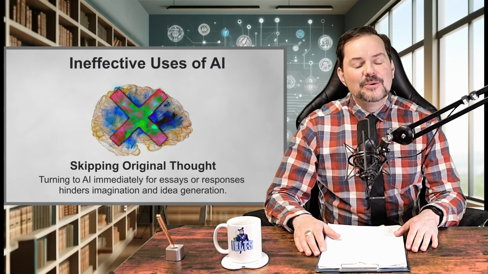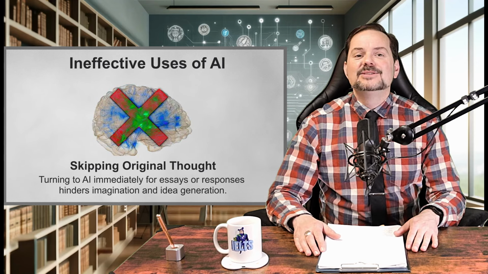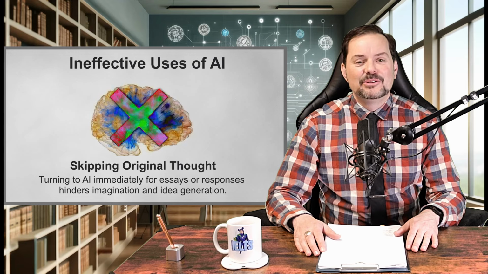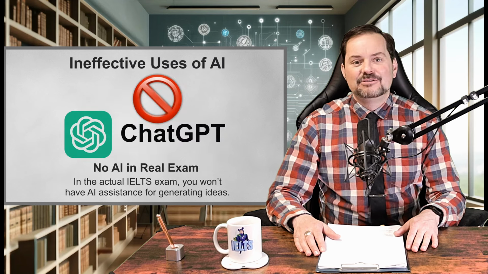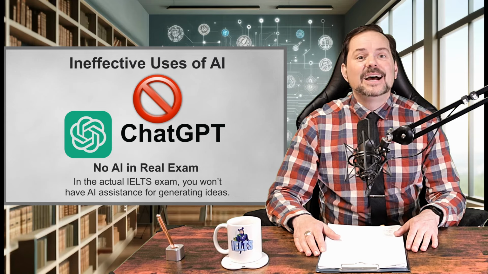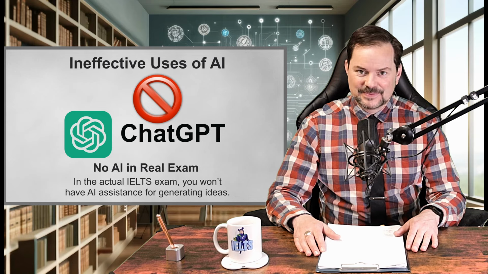This does not work well because it does not encourage critical thinking and imagination. Of course, in the real IELTS exam, you do not have ChatGPT to generate ideas for you.